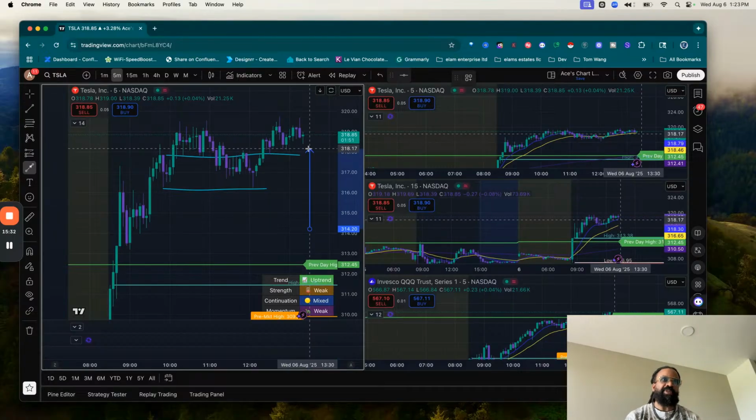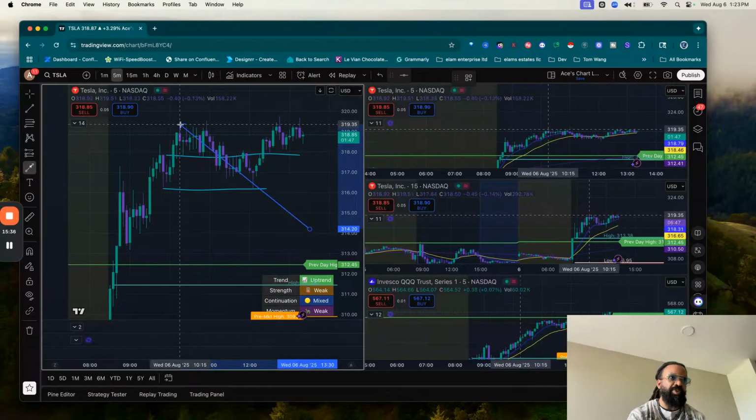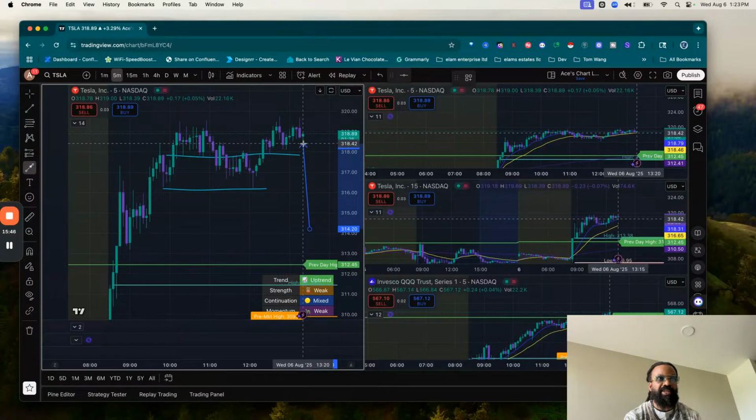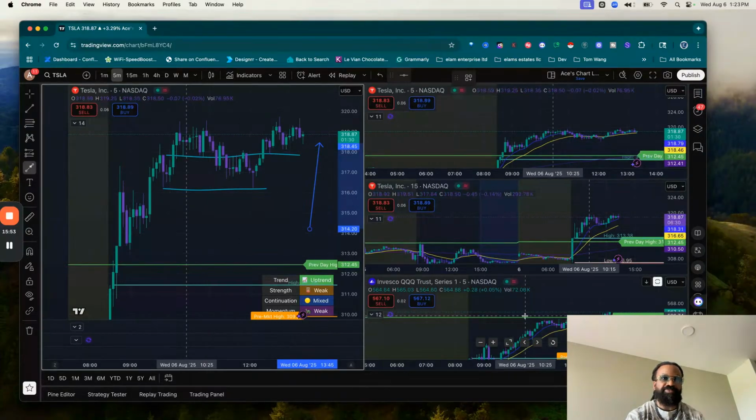There's no guarantee because Tesla already achieved its goal today. You could tell by these wicks here on the down close candles. This one, this one, this one, and this one. But if we see buyers stepping in aggressively on this 5-minute candle, then that will be our signal to enter the trade. And we still have QQQ.